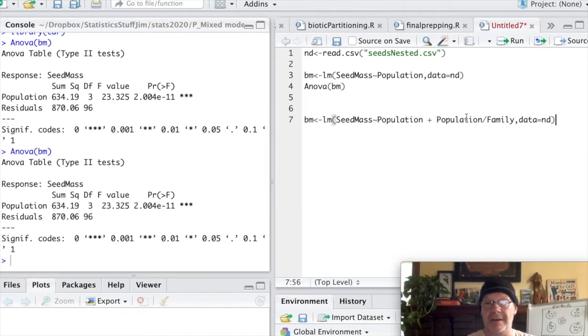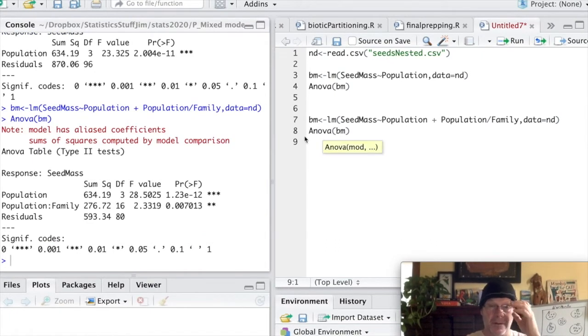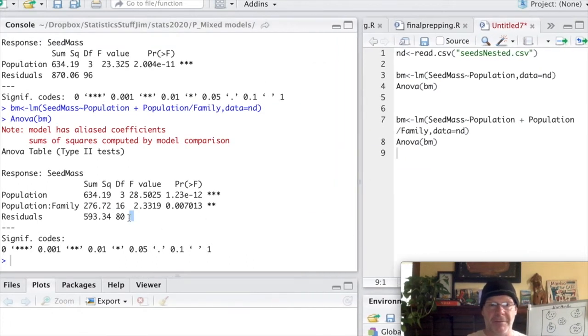And so if I go ahead and run that, now let's do an ANOVA on that particular bad model. Okay, so now at least we're docking ourselves a little bit more degrees of freedom in the denominator.